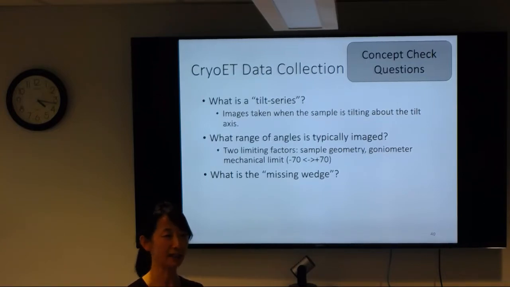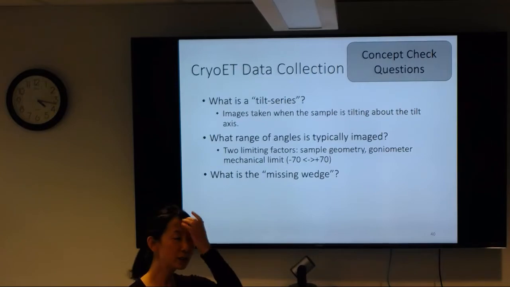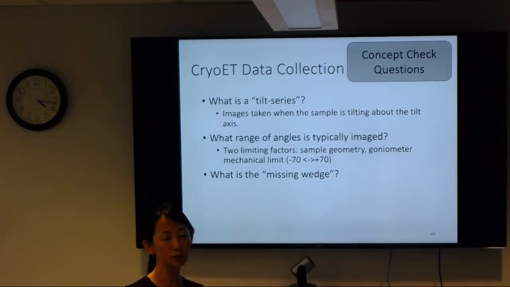You don't see anything, it's very dark. When you tilt to 60 degrees, the thickness is already doubled from geometry, right? At 80 degrees, maybe 3 times. Big calculation, somebody can tell. Not worth it. You're wasting lots of effort and time on images that are not giving you a lot of information about your sample.